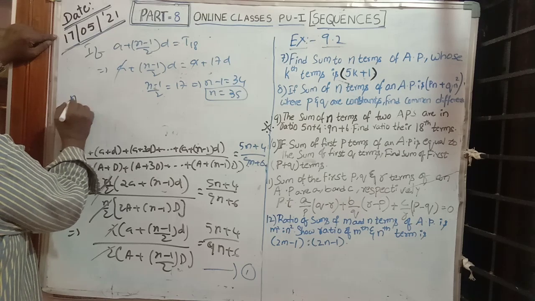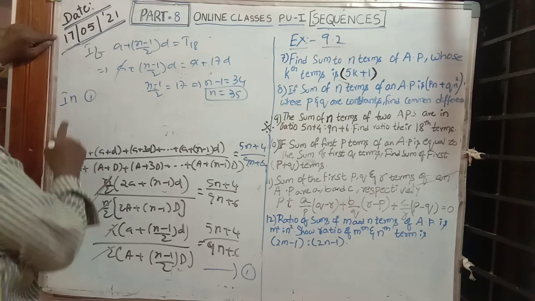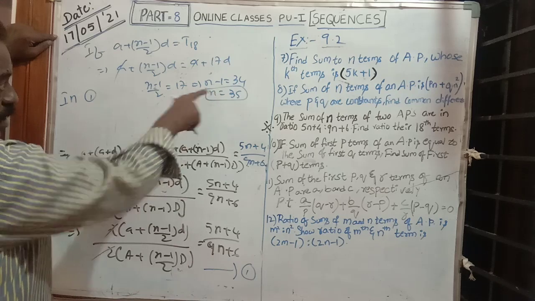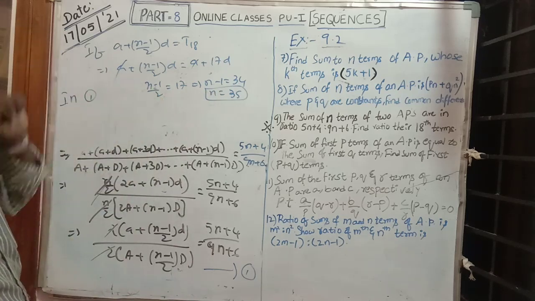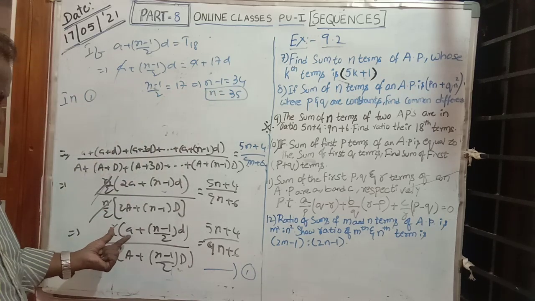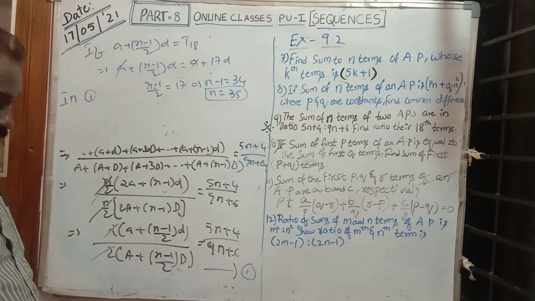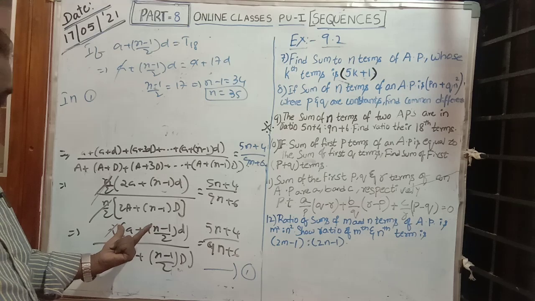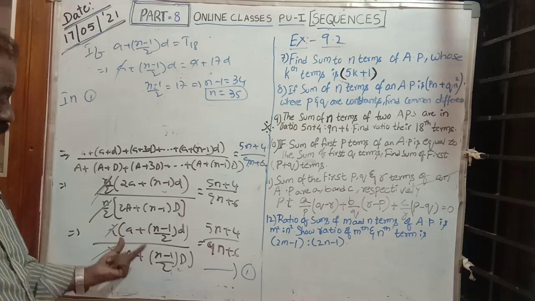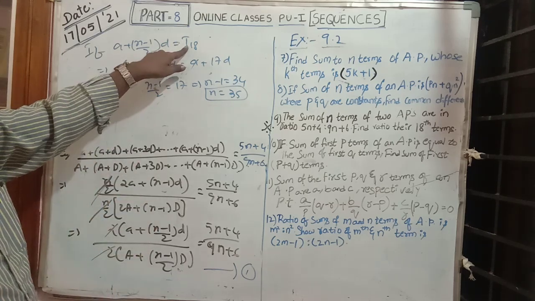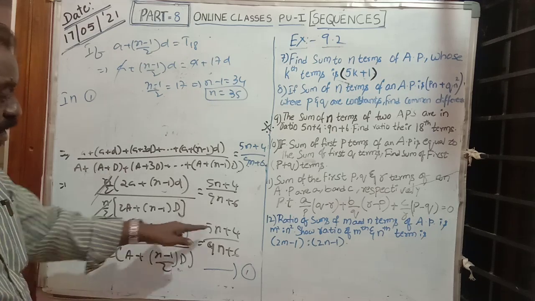In 1 means we are substituting this value 35. How do you get that 35? You see this equation, capital A plus something D means it is the nth term by nth term. If that nth term will be 18th, then we will get the small n value.